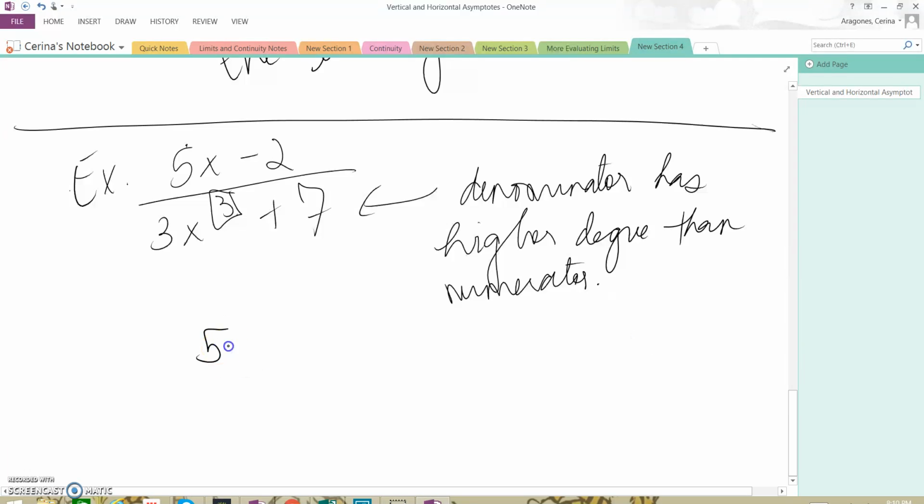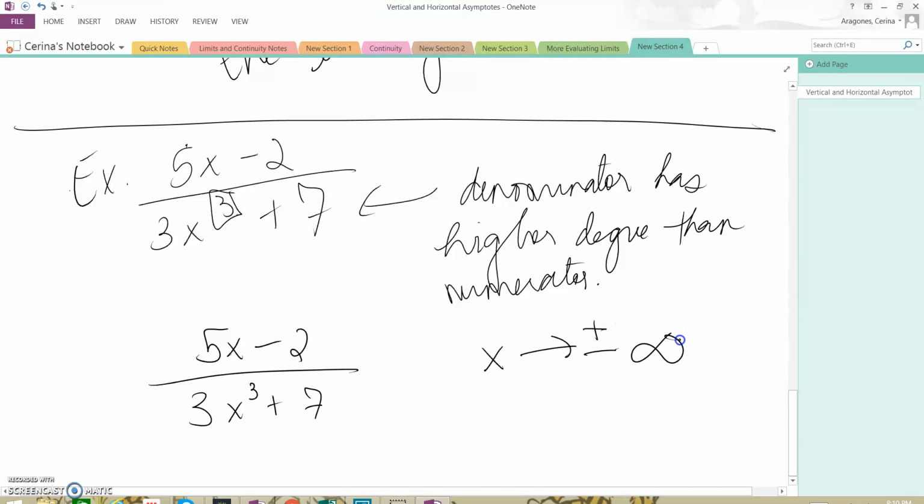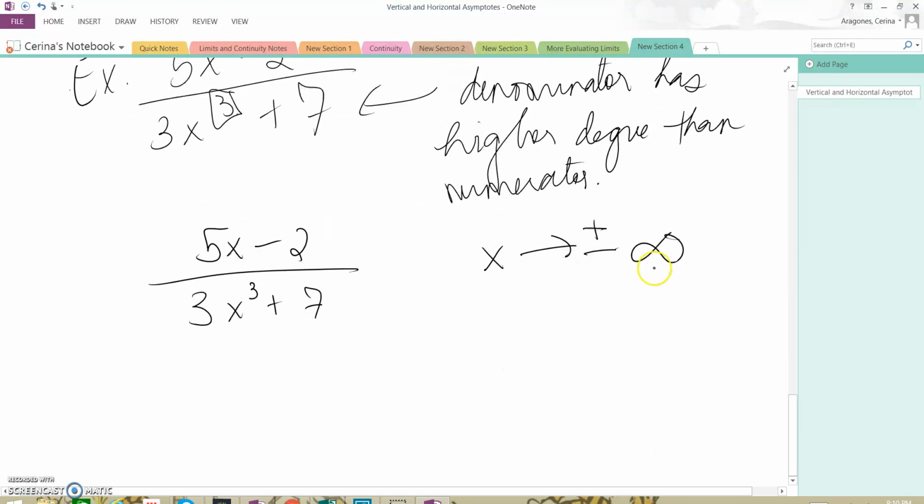Okay, so what do we do in that case? Well, let's just use logic and think about it. Again, horizontal asymptotes happen when x approaches plus or minus infinity. As x approaches infinity, the denominator grows much more quickly because it has a higher exponent. Anytime you put anything into x, it just gets cubed, which becomes a very, very large number.